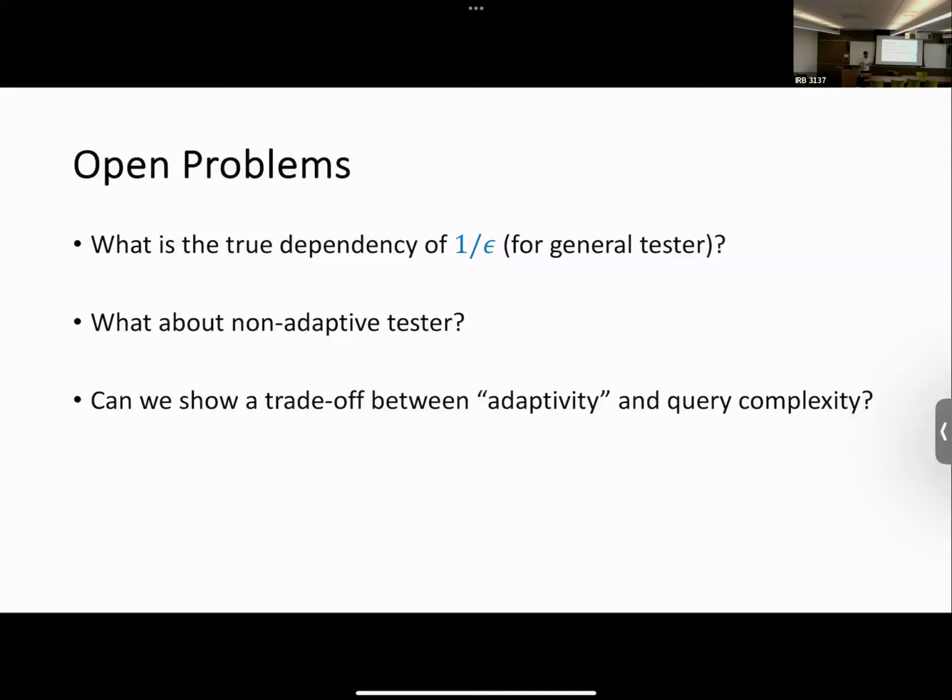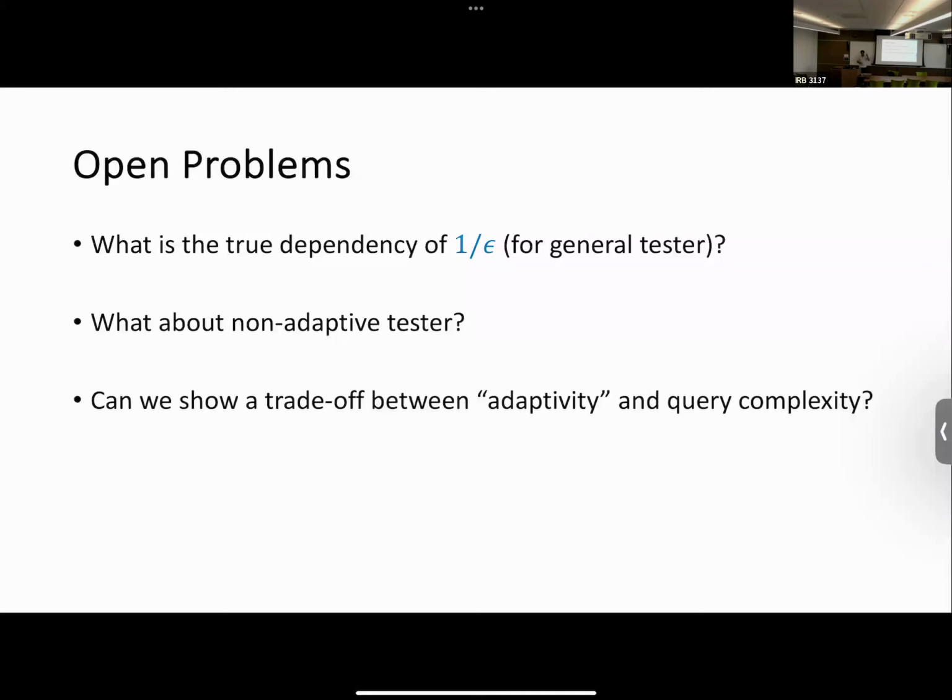Are there any problems where there is no separation, a lower bound that justifies this? You mean on adaptivity? Yes. There is actually a hierarchy theorem for adaptivity. Basically one can show that if you allow just one round of adaptivity with this sample complexity, you cannot solve certain problems.